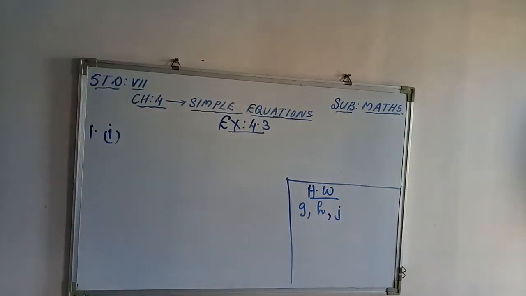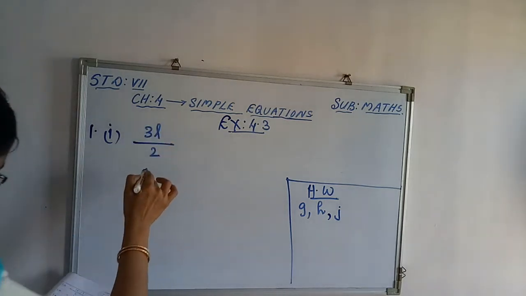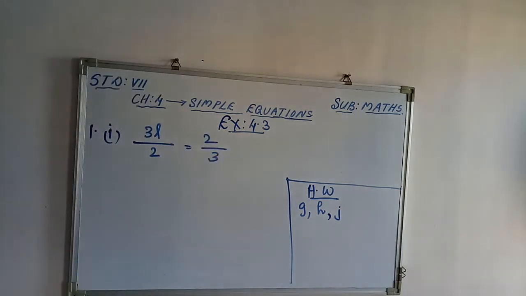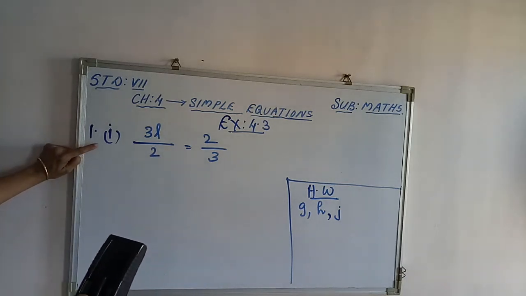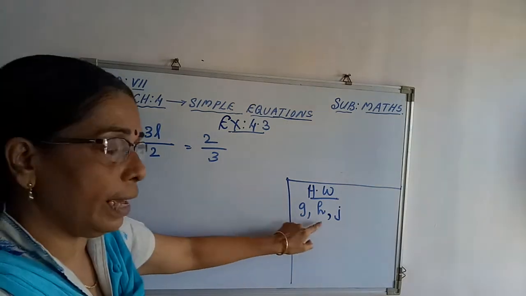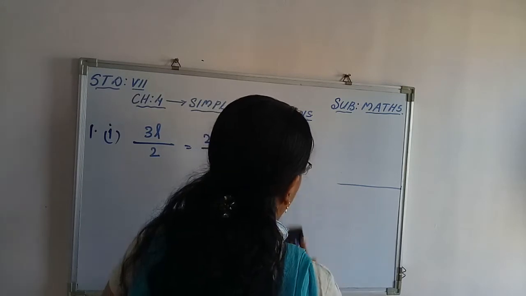Remaining all the sums I solved here. Now which one? I. 3L upon 2 is equal to 2 upon 3. After F, I started with I. G, H, similar type you have to do. J also you have to solve.